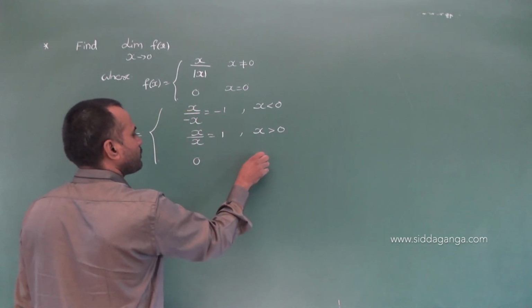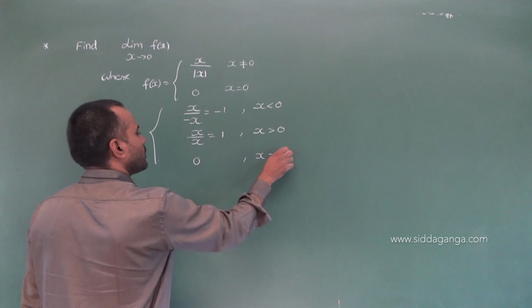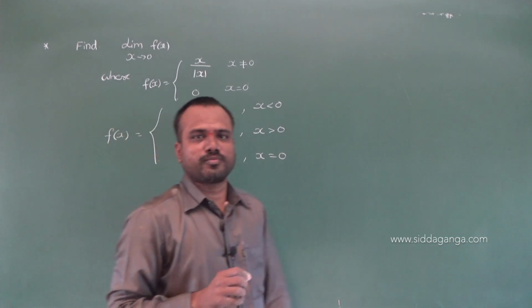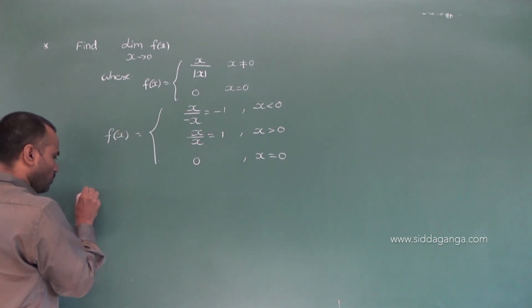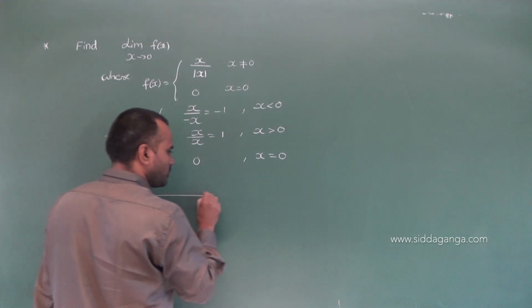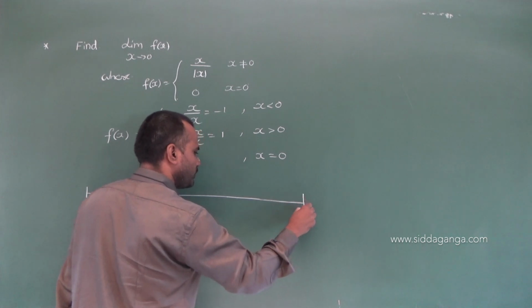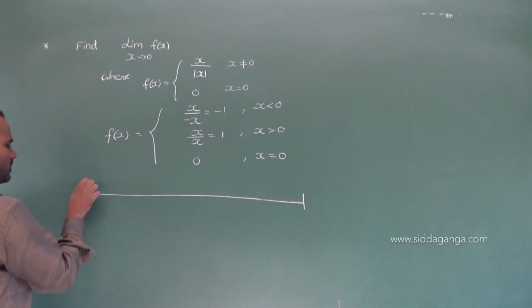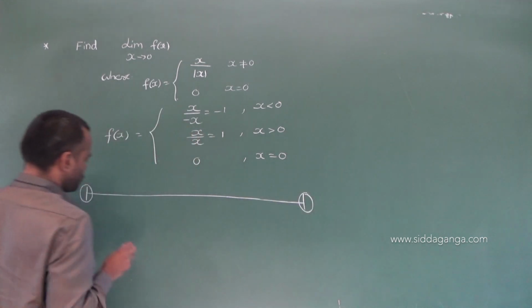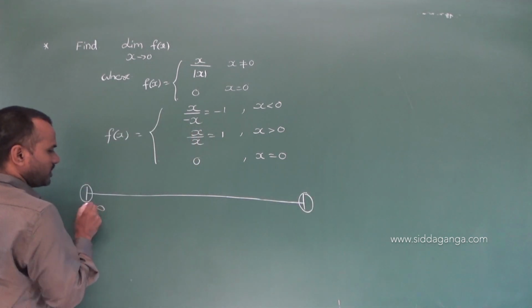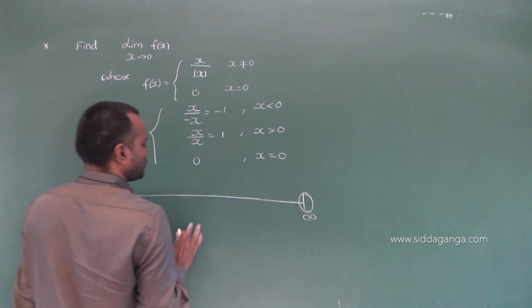And 0 for x equal to 0. If you want, I can draw the number line also. When you draw the number line, you understand properly. It is from minus infinity to plus infinity.